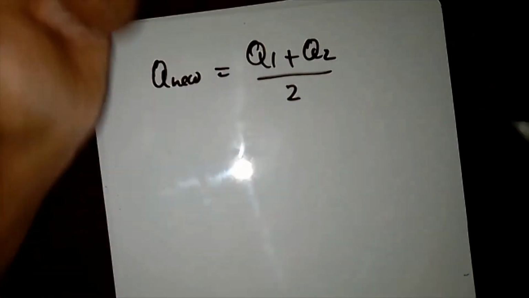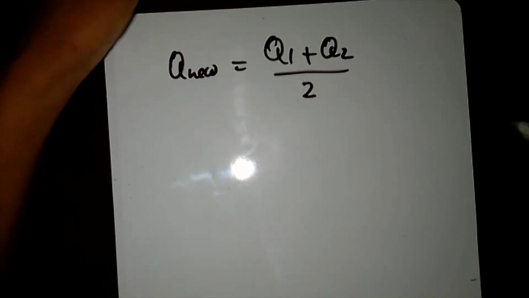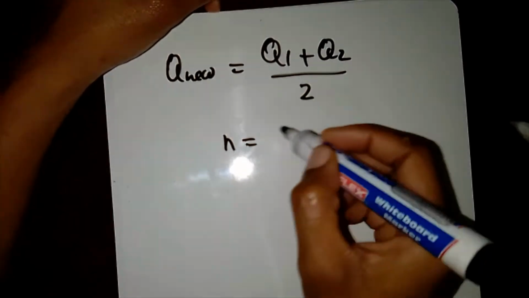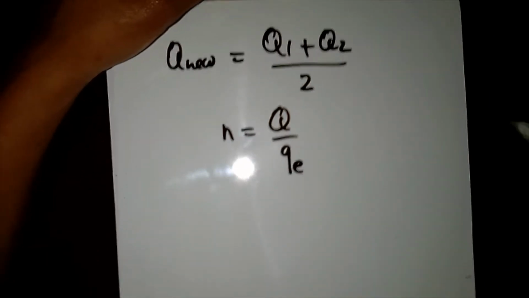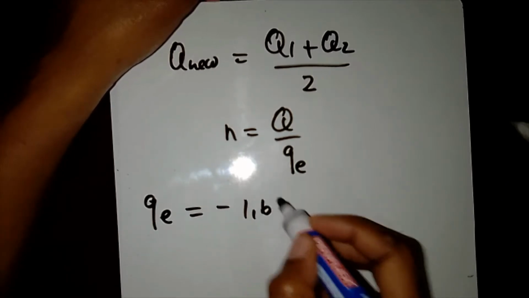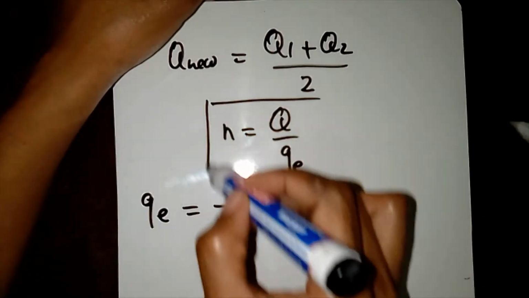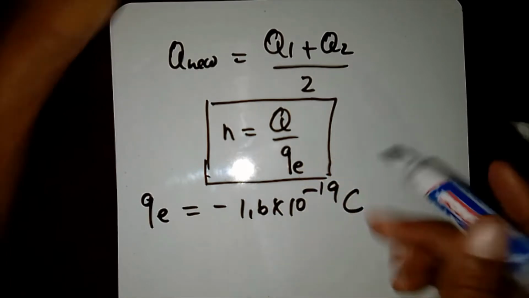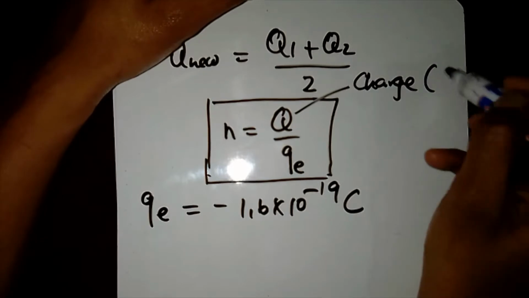All right, and then another thing is just the principle of charge quantization, which states that the charge on any object is an integer multiple of the elementary charge. So what is the elementary charge? The elementary charge is given by QE, and the value of it is minus 1,6 multiplied by 10 to the power of minus 19 C. So this is how we represent the principle of charge quantization in symbols, where this is just the charge and it's measured in coulombs.